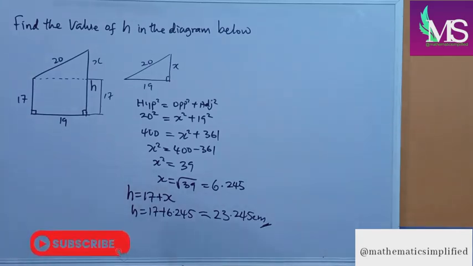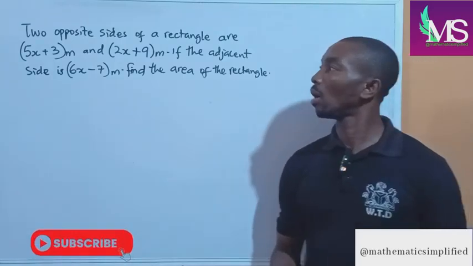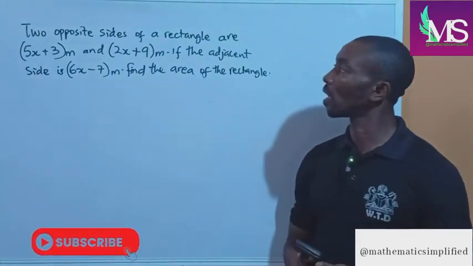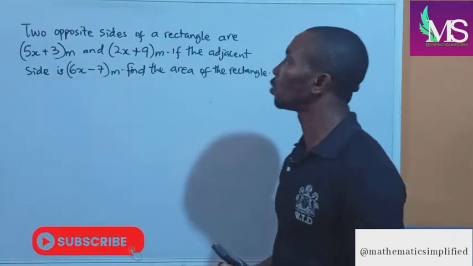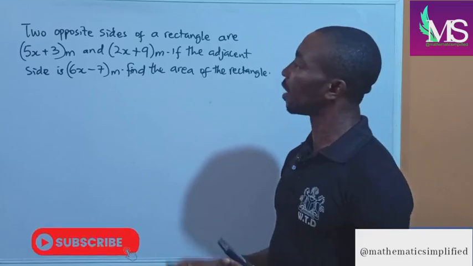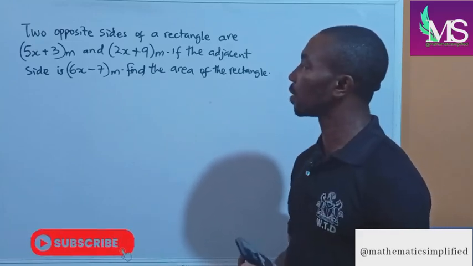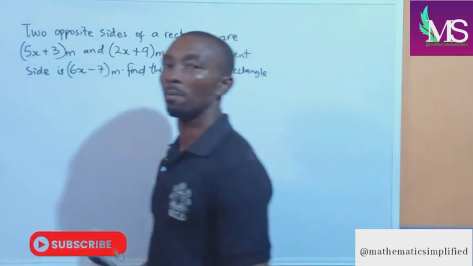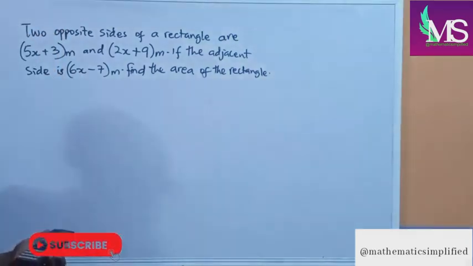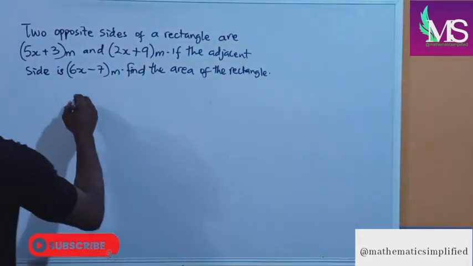So the value of h will be 23.245 centimeters. Our next question says two opposite sides of a rectangle are 5x plus 3 and 2x plus 9. If the adjacent side is 6x minus 7, find the area of the rectangle. Now, in calculating the area of this rectangle, let's put this in a diagram form.